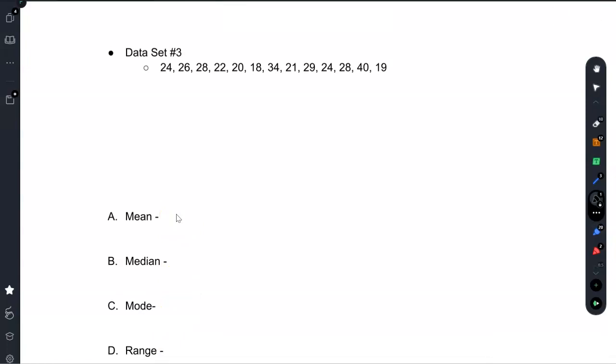Okay, so let's first always rearrange. So I'm going to start with the smallest. And I don't always get this right the first time. So if I make a mistake, I'll erase and just try to squeeze in a number. But I have 18. I have 19. I see 20. And then 21. I see a 22. I have a 24.